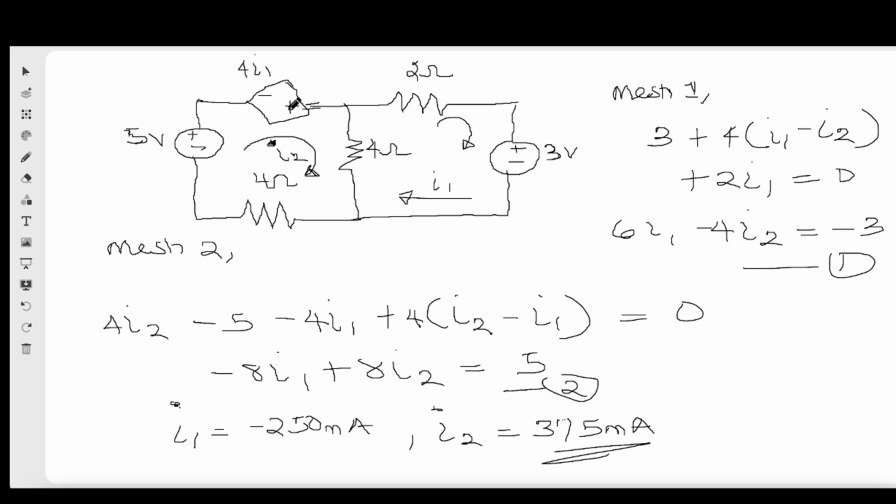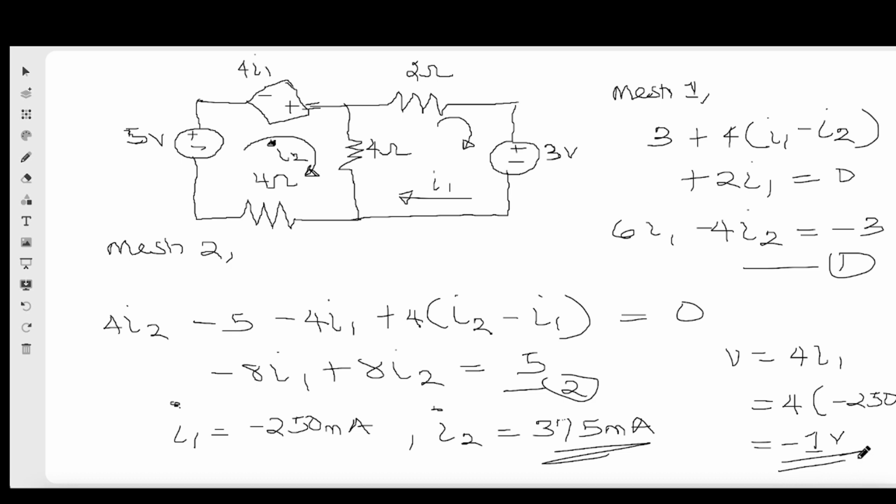And of course, if you want to get the voltage here on the dependent source, that is the real value of the voltage source, V equals 4I1, right? Which is 4 multiplied by minus 250 milliamperes. So that will give me minus 1 volt.